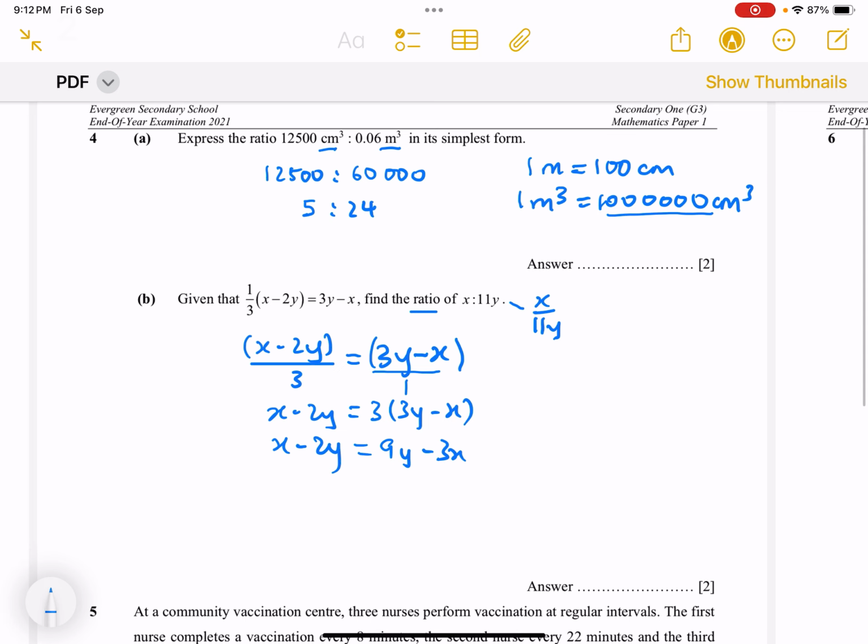So we need to put all the x on the left and all the y on the right. So since negative 3x, we bring over is plus 3x, so we have a 4x here. And negative 2y on the left, bring over is plus, so we have 11y on this side. Right, now we want to be over 11y, so we divide by 11y on both sides.